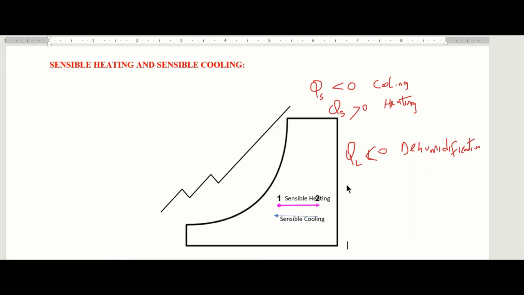And when latent heat transfer QL is greater than 0, it is called humidification. So please, let's remember this.